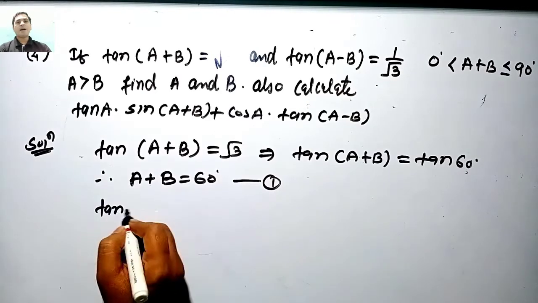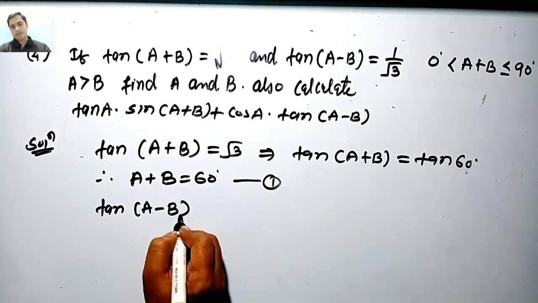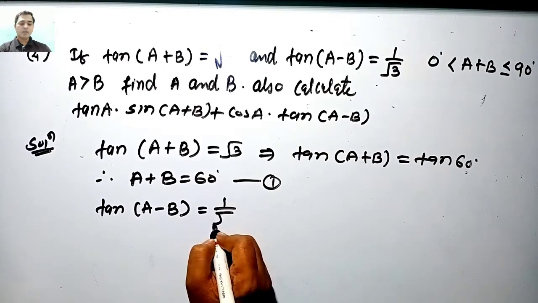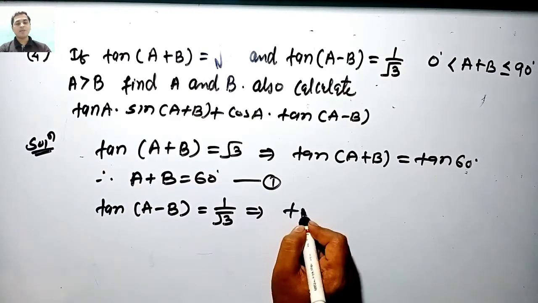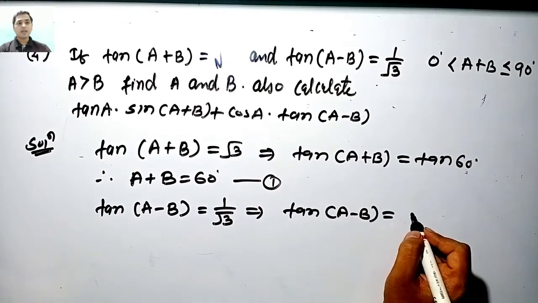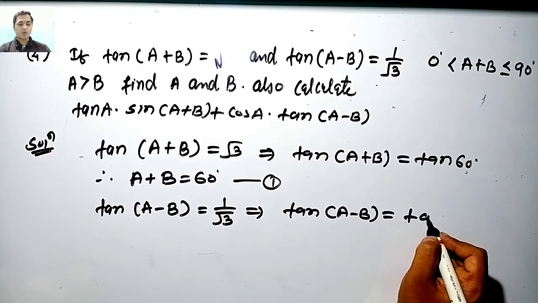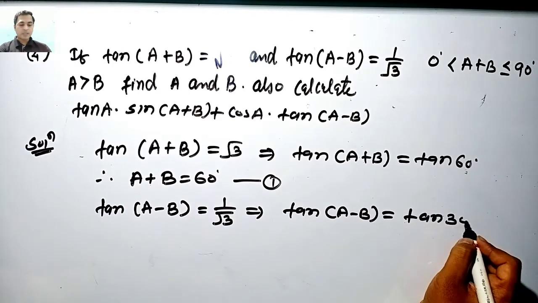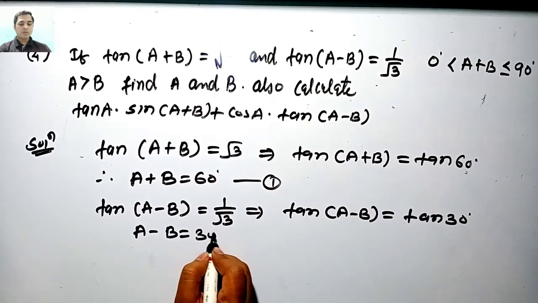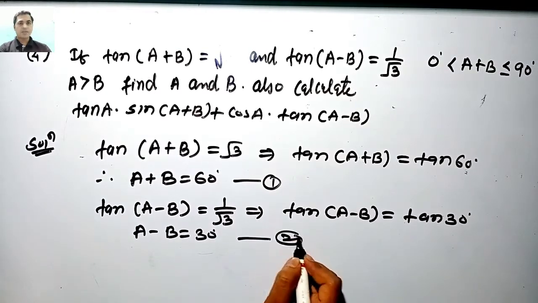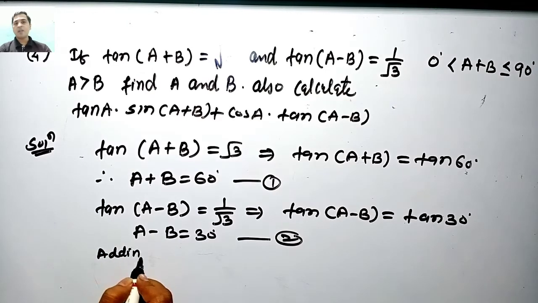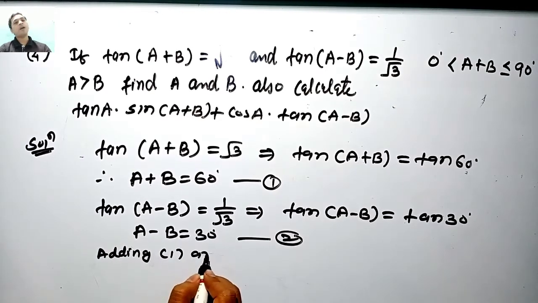Similarly, for tan a minus b is equal to 1 upon root 3, and we know that 1 upon root 3 gives the value of tan 30 degree. So tan a minus b is equal to tan 30 degree, right? So removing the tan function from both sides, we are getting a minus b is equal to 30. This is equation 2.